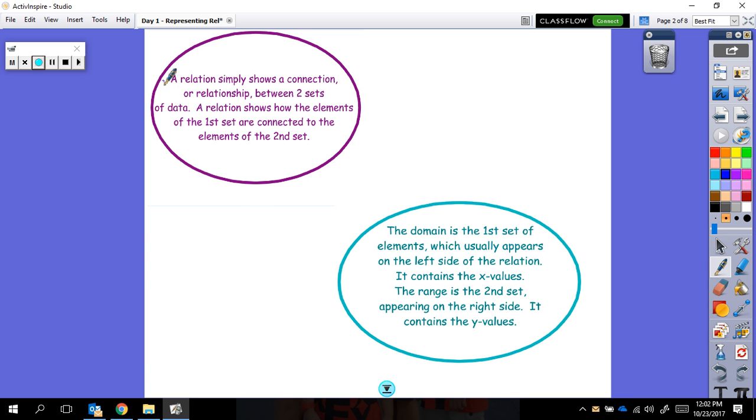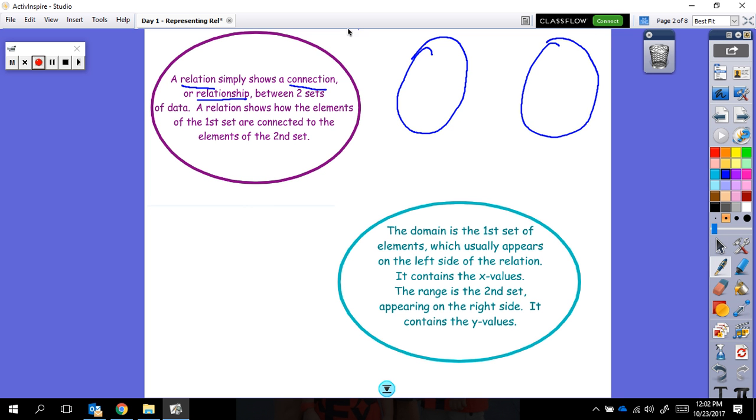Okay, so the difference between a relation and a function. A relation simply shows that there is a connection or relationship between the 2 sets of points. Okay, so if I drew another mapping, sorry, this is kind of terrible. A relationship simply shows that these guys are related to these guys somehow. So, like, I could list you guys over here.